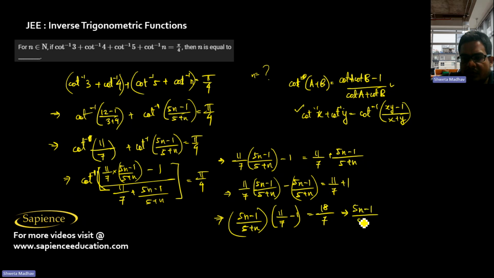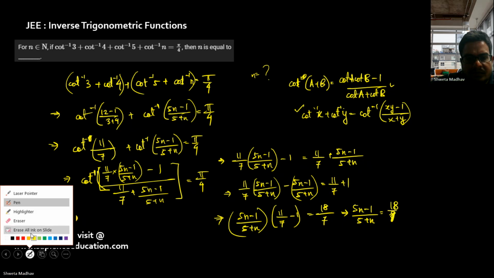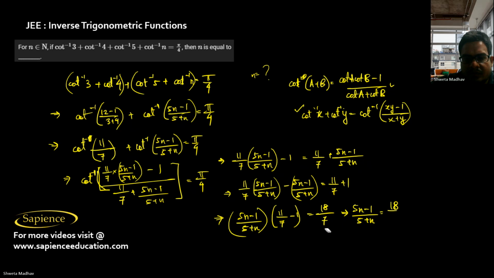Five n minus 1 by 5 plus n will be equal to 18 by 7 into 7 by 4. The 7s will cancel, and 2 nines are 18.